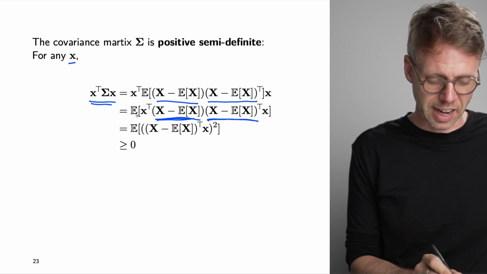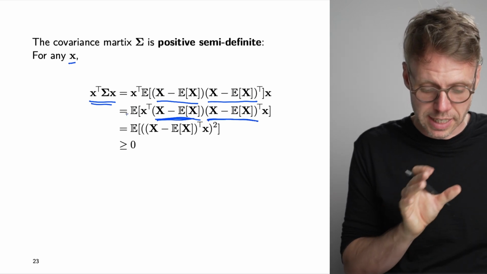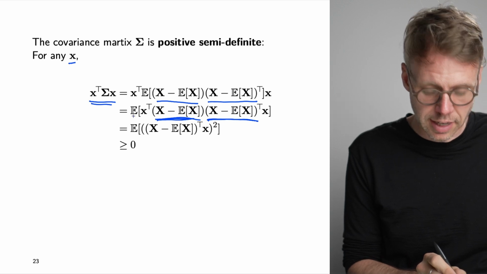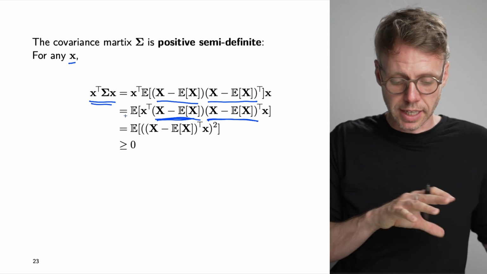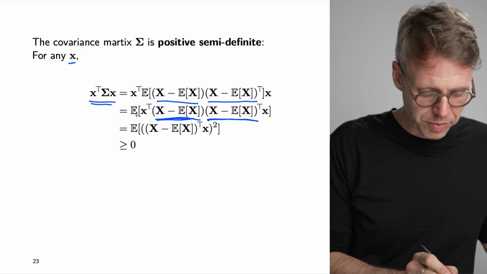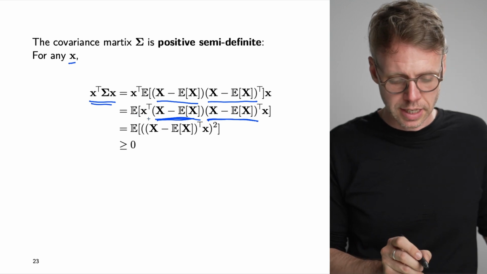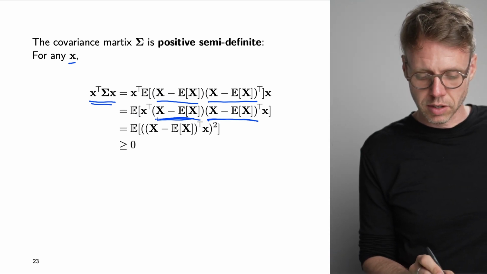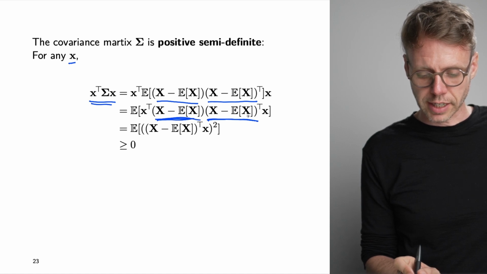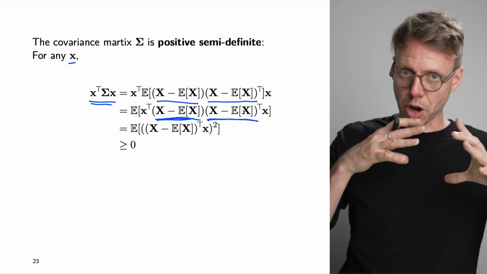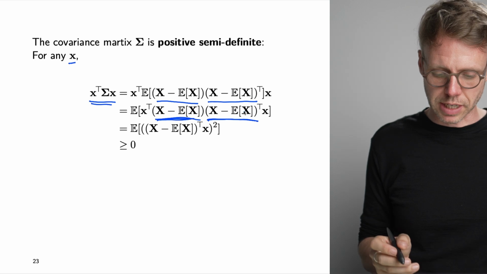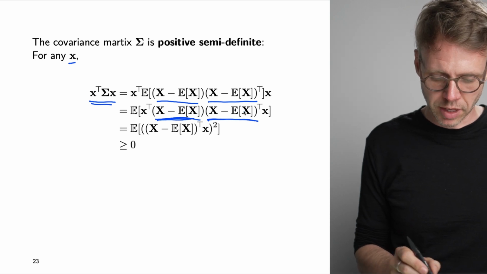Now, because the inner part here is an outer product of a vector with itself, for any value of the random variable that we're taking the expectation over, this is a vector, and we're taking the outer product with itself. So an outer product matrix is always positive semi-definite. We already know that.